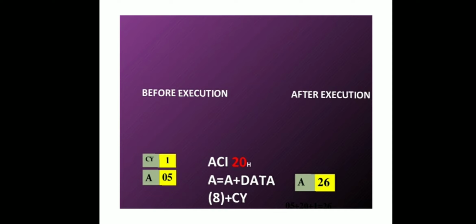For example, ACI 20H. After execution of this instruction, the content of the accumulator is added to the 8-bit data with the carry flag and the result is stored in the accumulator.